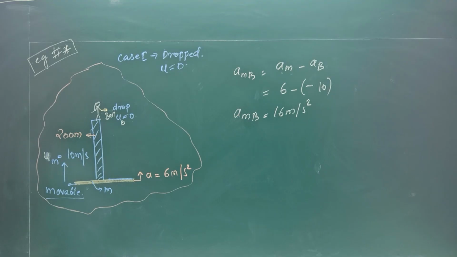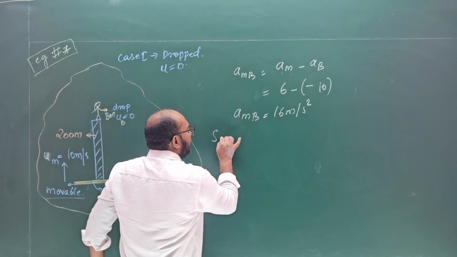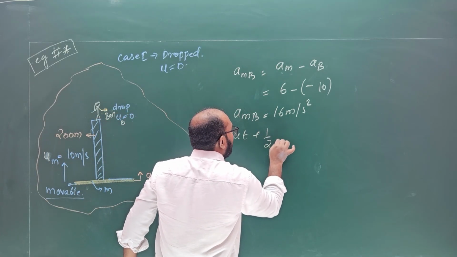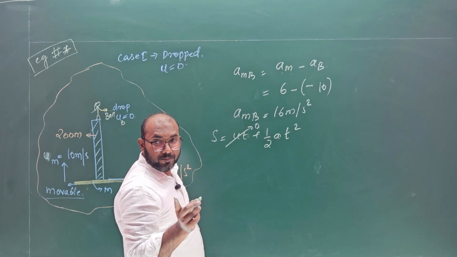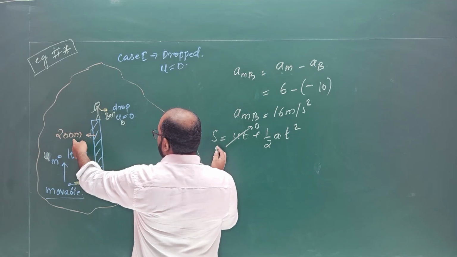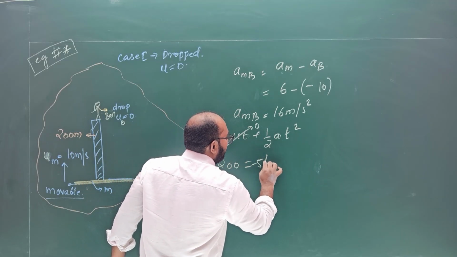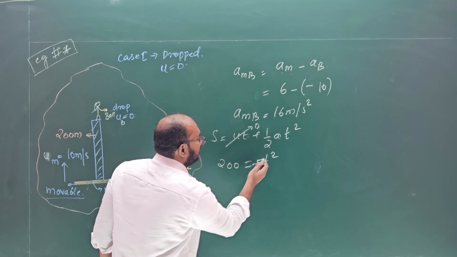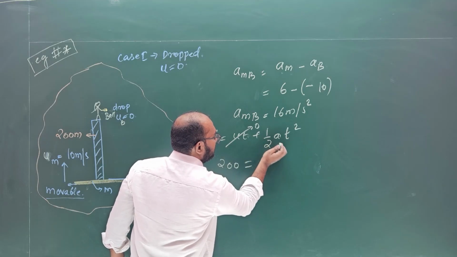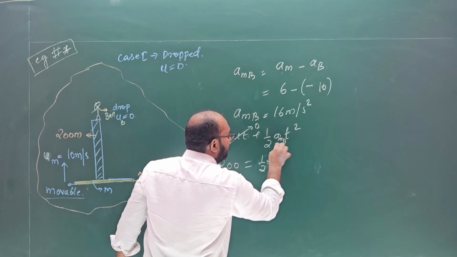Okay. Now, when it hits the ground, if the object is being dropped, u becomes 0, so from here can I say that S is equal to ut plus half at square, and this becomes 0 because the ball is being dropped. So S is 200, so half of the acceleration, we need to write AMB now.